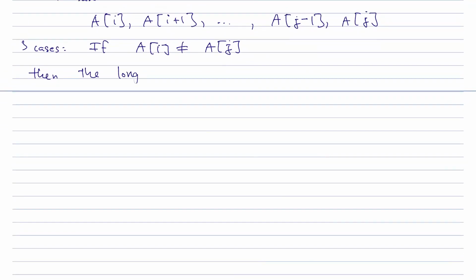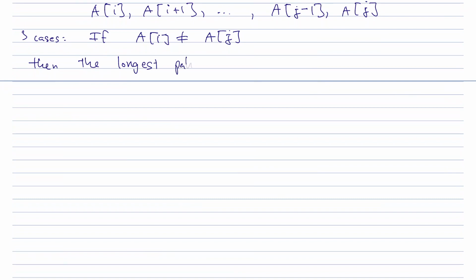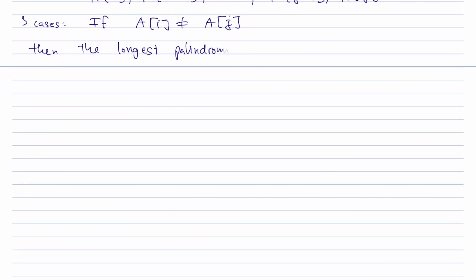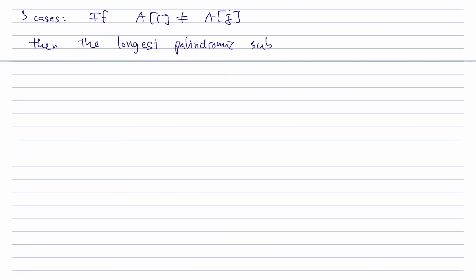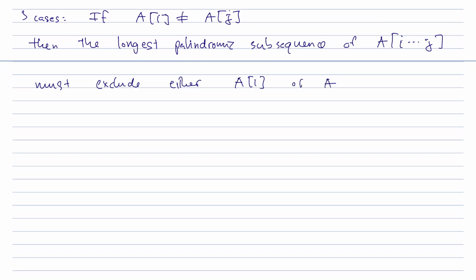The longest palindromic subsequence of A_i to A_j must exclude either A_i or A_j. Right.